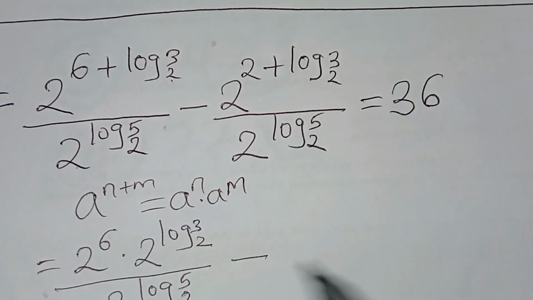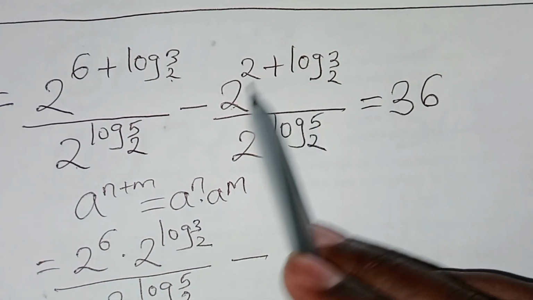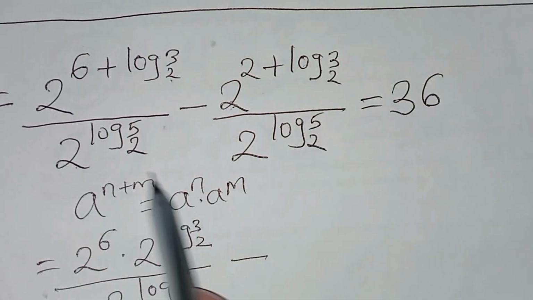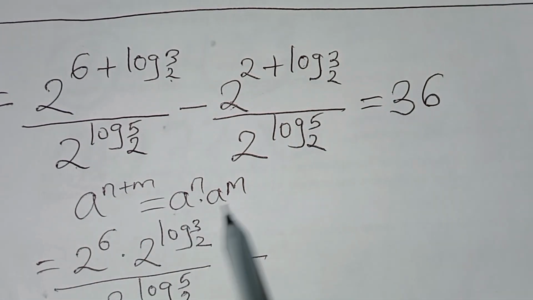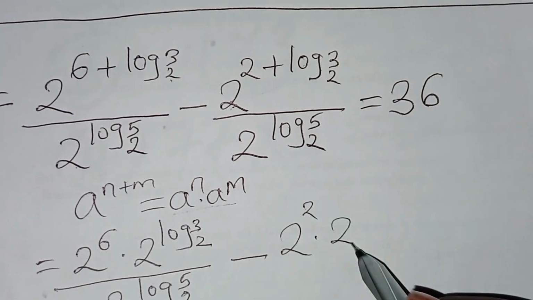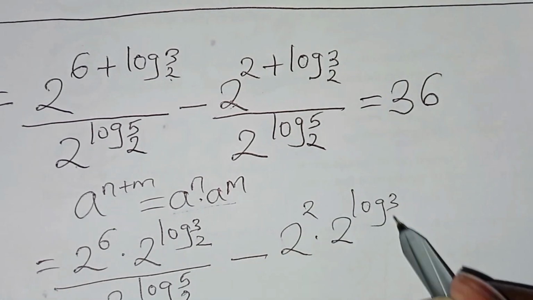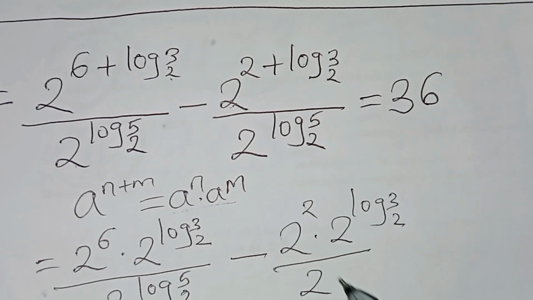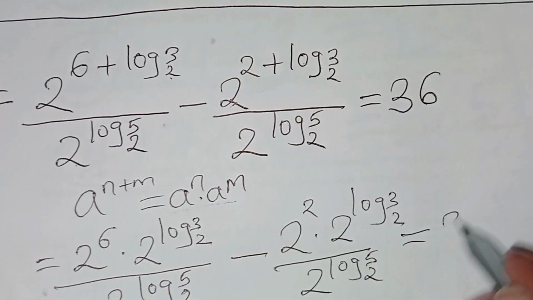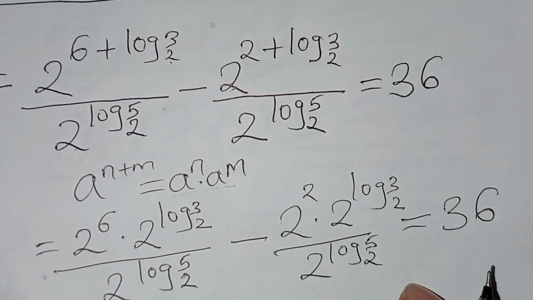Now subtract, on the second part here, 2 to power 2 plus log 3 to base 2 is in this form, so let's transform by applying this exponent property. So this is 2 to power 2 multiplied by 2 to power log 3 to base 2 divided by 2 to power log 5 to base 2. So this is supposed to give us a value of 36.